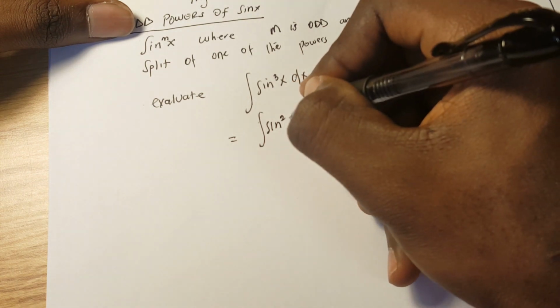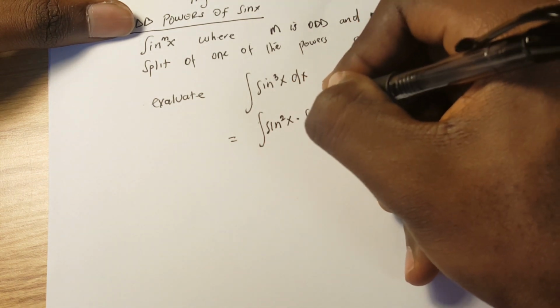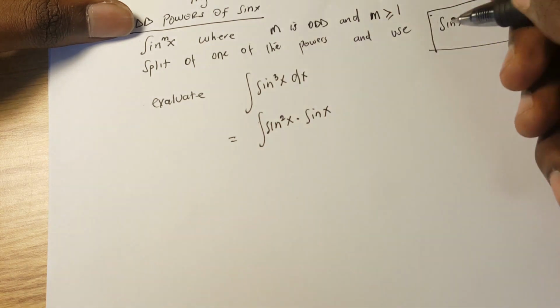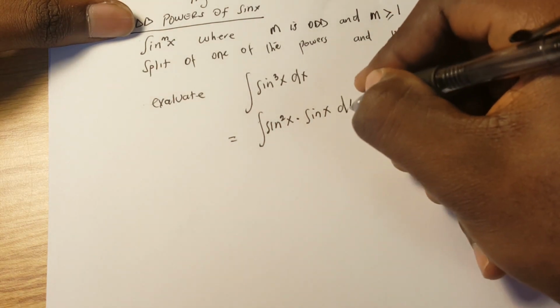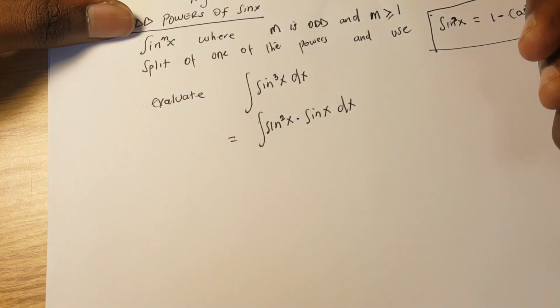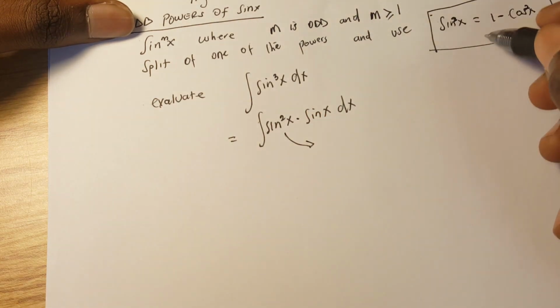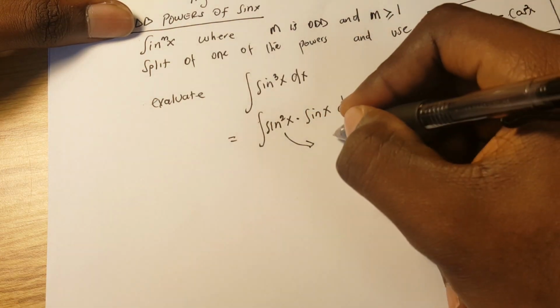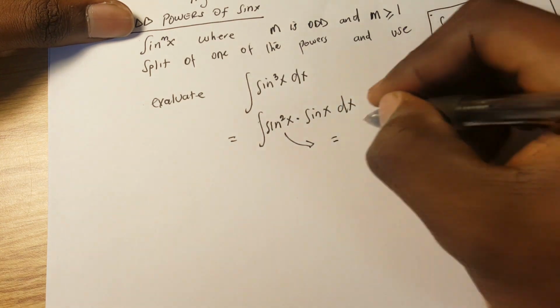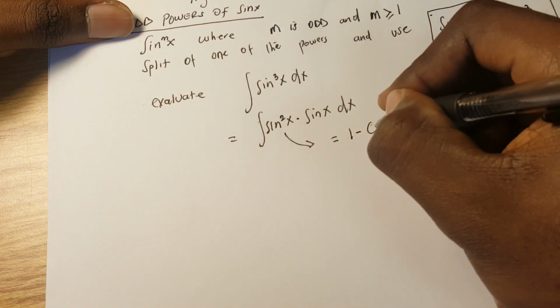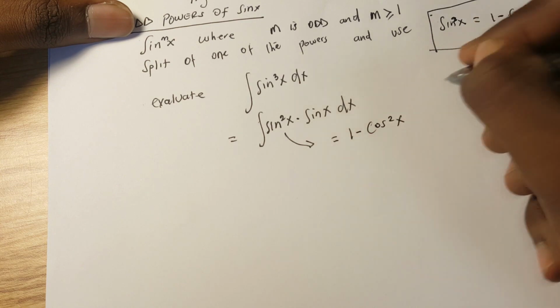We're going to have sine squared x multiplied by sine x dx. But we know this guy here, which is the general formula, is equal to 1 minus cosine squared x.